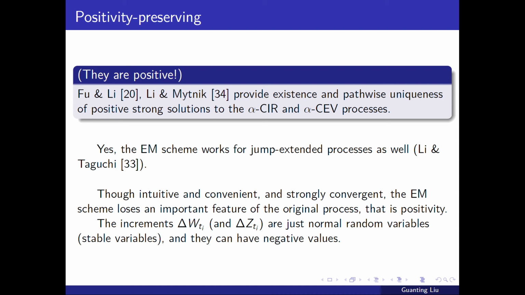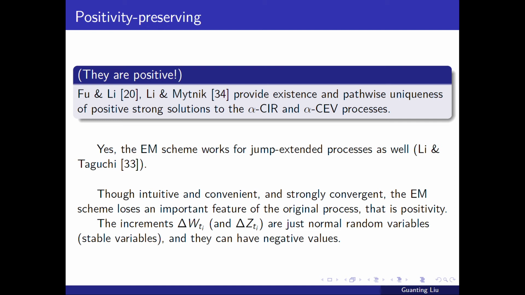The keyword here I want to point out is positive strong solutions, meaning that after adding on the alpha stable jumps, these are still positive processes. And I think that might be a reason why Jiao, Ma and Scotti introduced such a process to model sovereign interest rate.